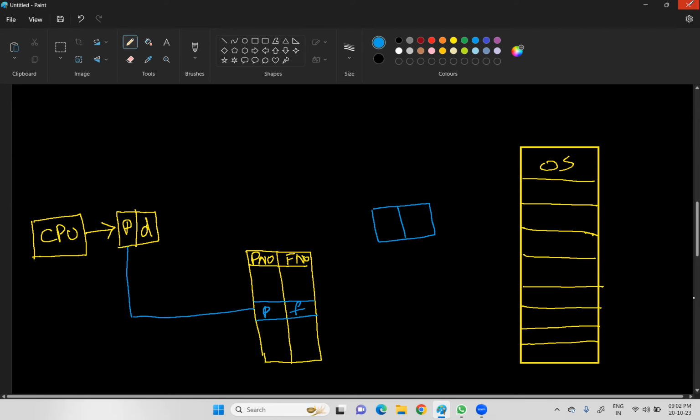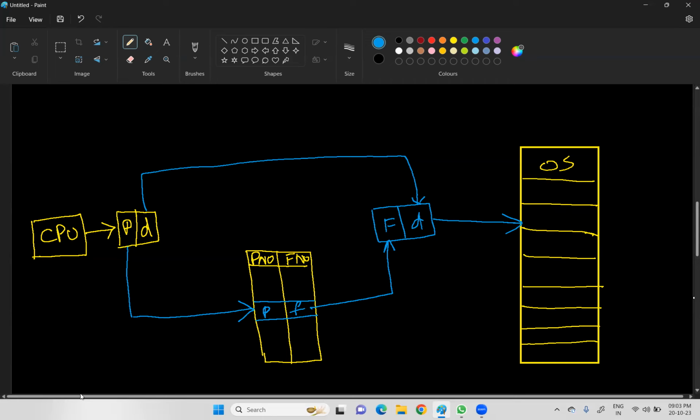It is the frame number, and this frame will be copied from here to here. Whatever frame is associated with the page is copied here. Then the displacement that the CPU expects to execute is directly forwarded here. Therefore you can get the particular address.